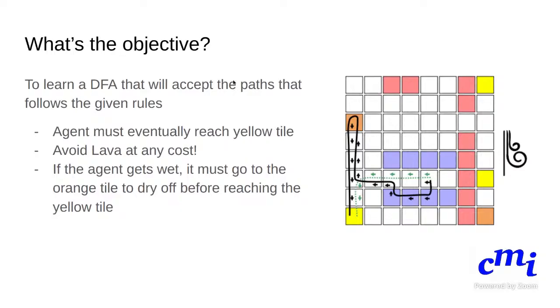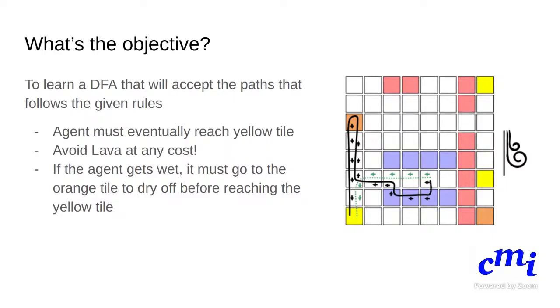Let's formalize the rules: the agent must eventually reach yellow tiles. The agent must avoid lava at any cost because lava is harmful to humans. And if the agent gets wet, it must go to an orange tile to dry off before reaching the yellow tile.